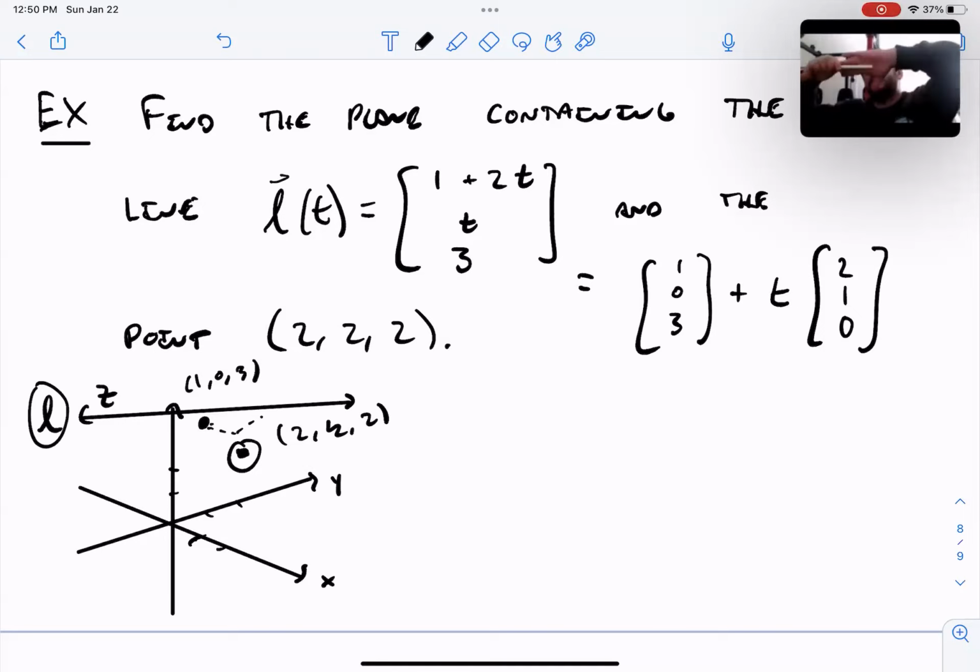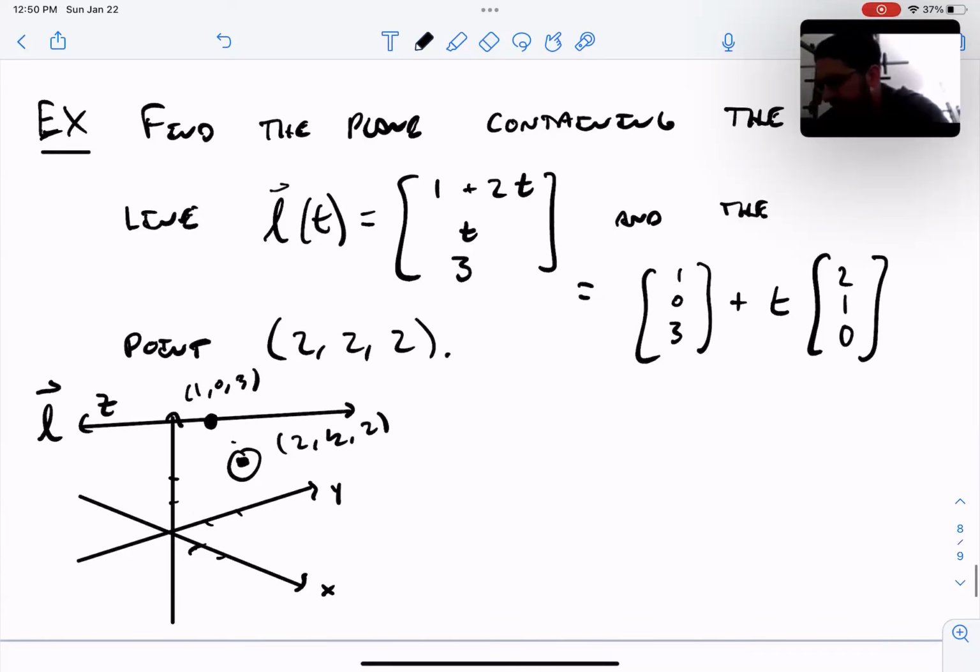Because you can rotate your plane through the line until it hits that point 2, 2, 2, and now we're done, right? Now it's locked in. So that's what I want here. Just making it clear that that point 1, 0, 3 is on line L.